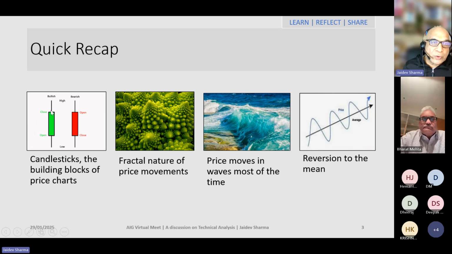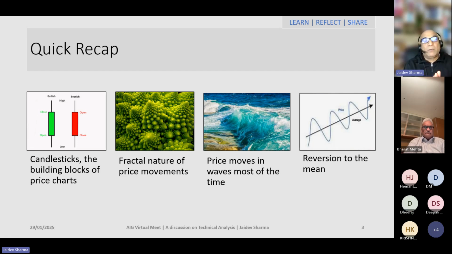The wicks showing at the top and the bottom demonstrate the high point and the low point in that time frame. If there were no wicks, only body, that means that the open and the close were the lowest and the highest points. Vice versa for the bearish candle. The only difference is the open is at the top and the close at the bottom of the body.